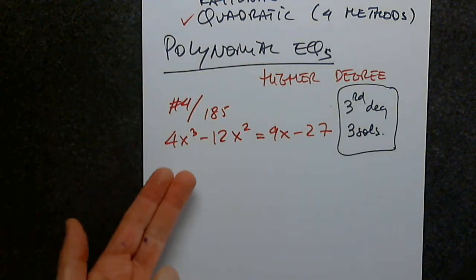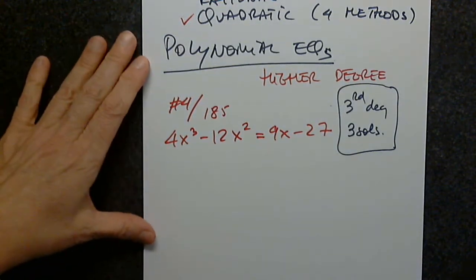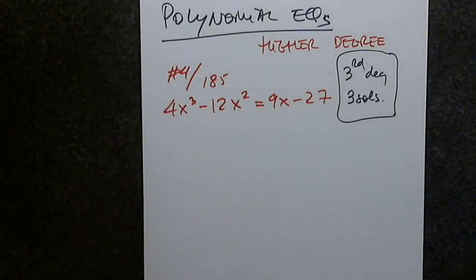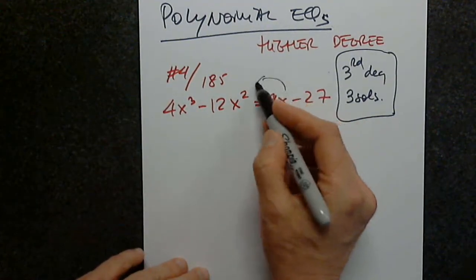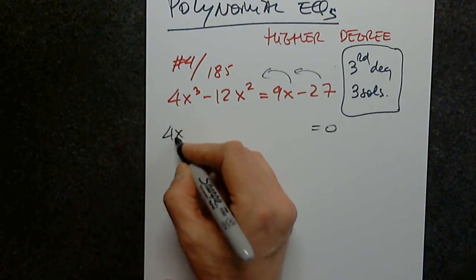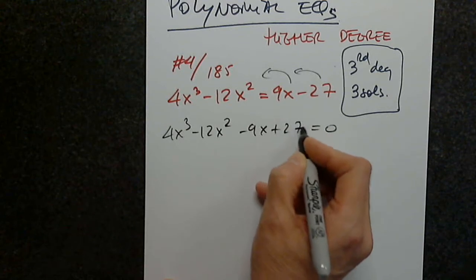It's polynomial. Now let's look at this polynomial and say, what type of polynomial is it? Is it a binomial, a trinomial, or a polynomial? Correct. What I have to do is set it equal to 0. So these two terms will move to the other side, and I will change their sign: 4x cubed minus 12x squared minus 9x plus 27.